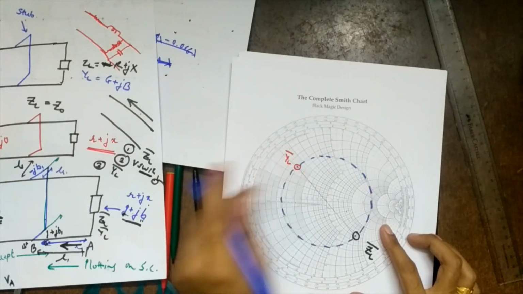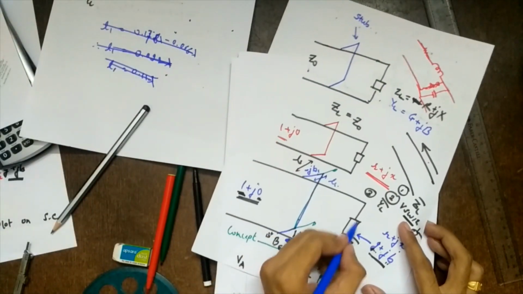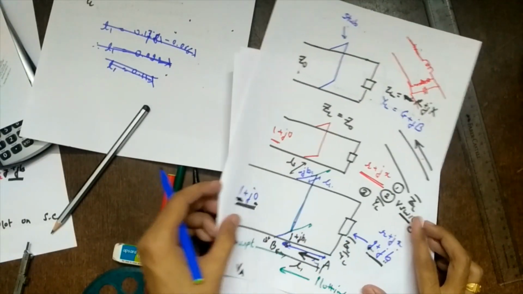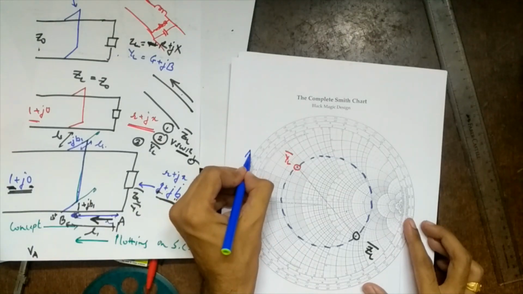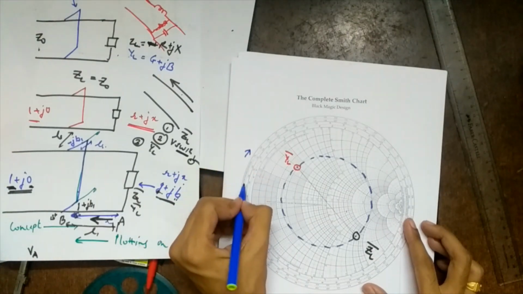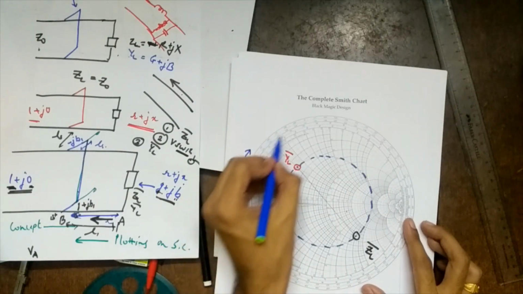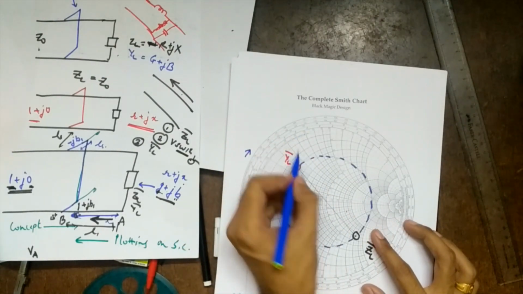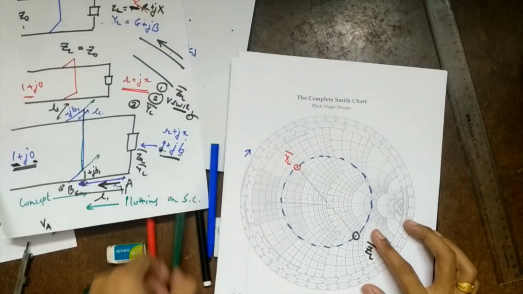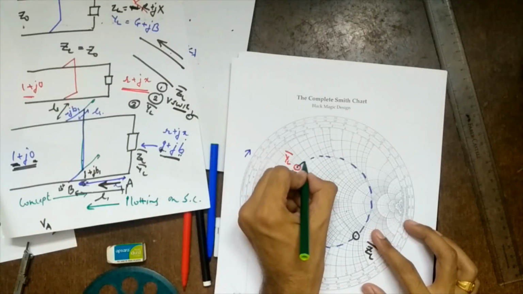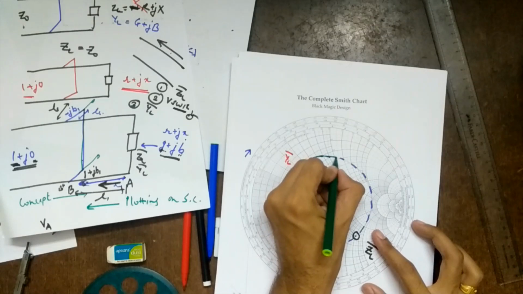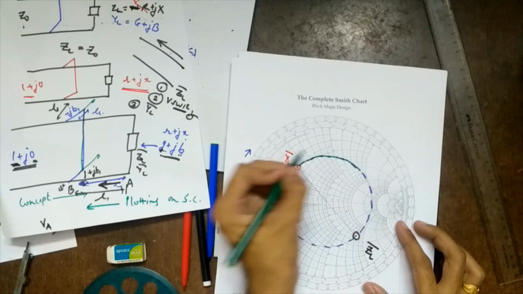In which direction will I move? This is the load, and I'm moving away from the load, so towards the generator. It is written here, wavelength towards generator, with an arrow. So you have to move in the clockwise direction. Start from YL bar and move clockwise along the VSWR circle till you encounter G equal to 1.